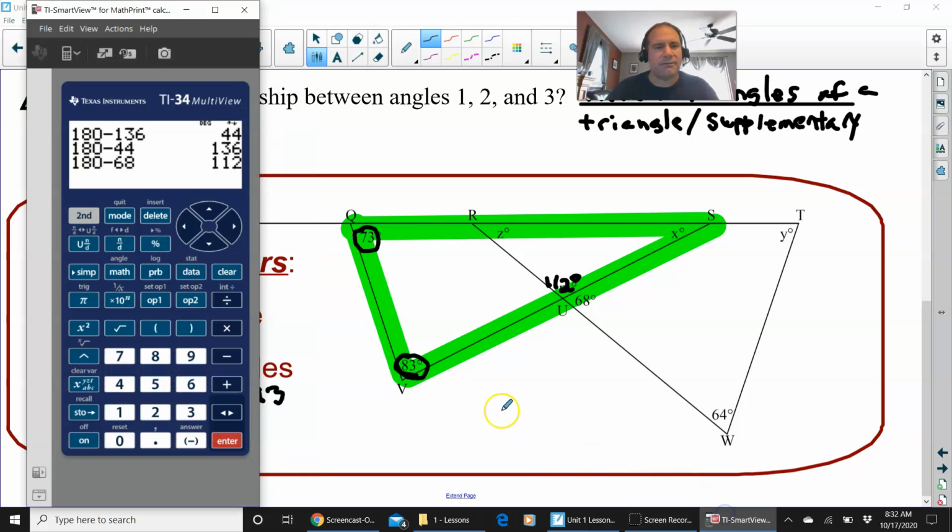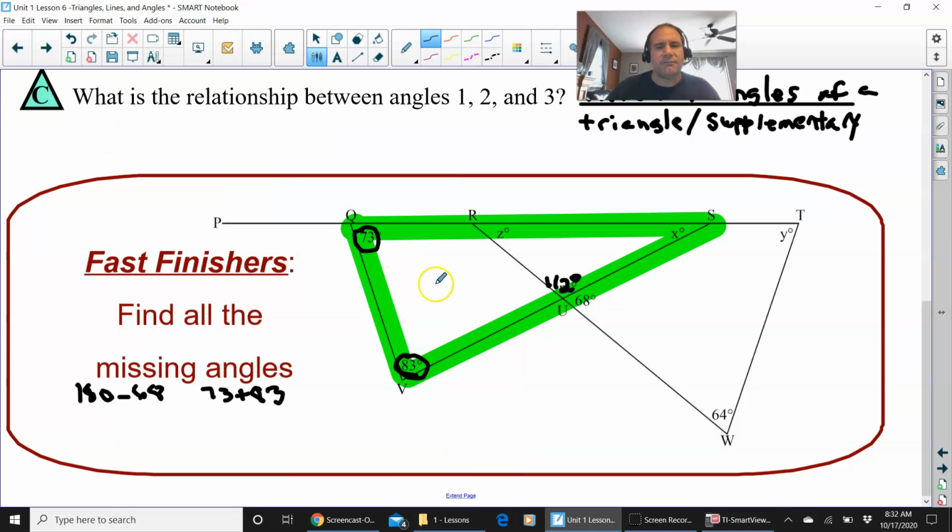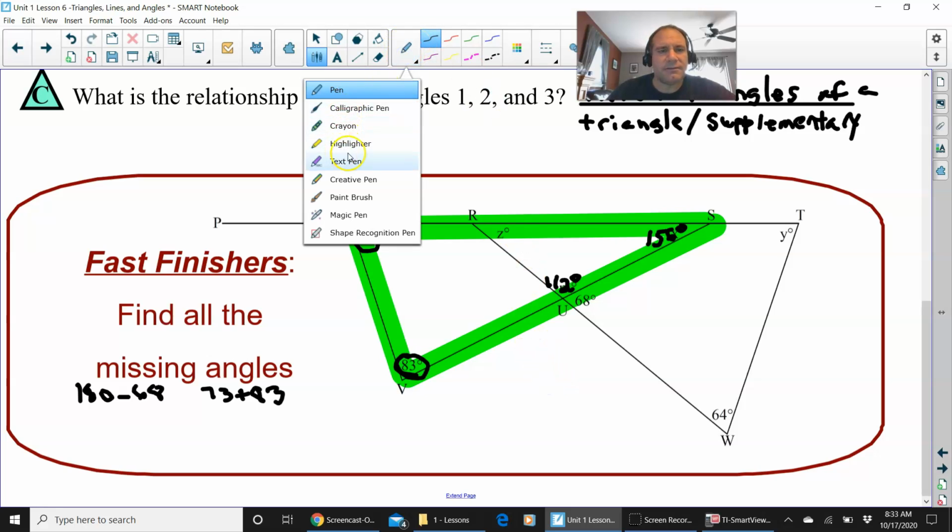And I'm going to get my calculator out. I'm not going to leave anything to chance. 73 plus 83, enter, 156. So if that's 156, I'm going to put that in right now as 156, this angle. Not bad.